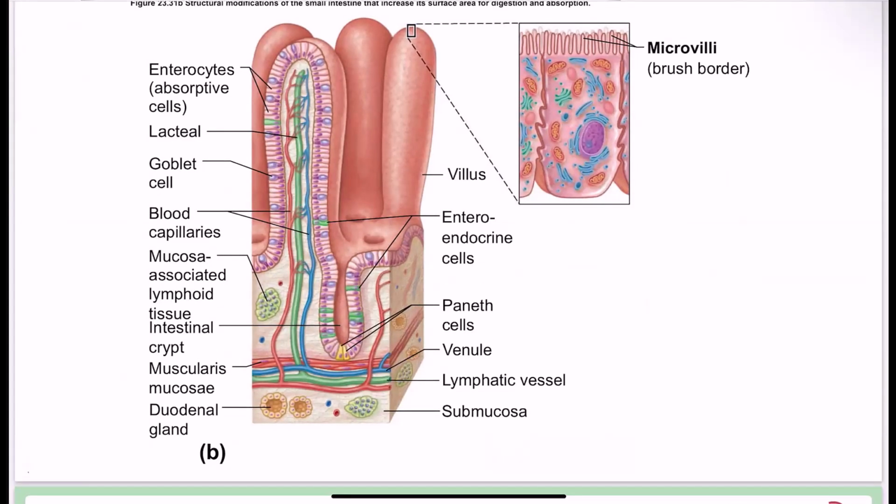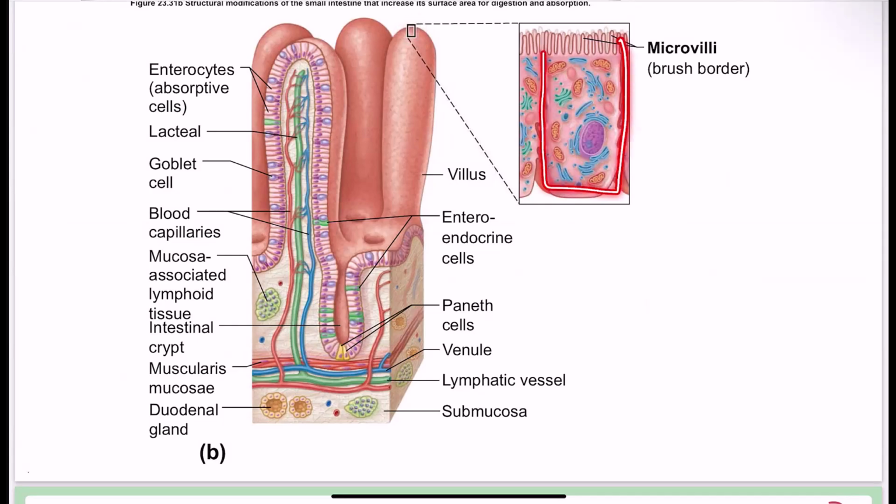Okay, so what I was talking about are villi. Villi are all of these guys. That's a villus, that's a villus, that's a villus. So singular, villus; multiple, villi. In each villus, if we were to zoom in, is a bunch of cells.